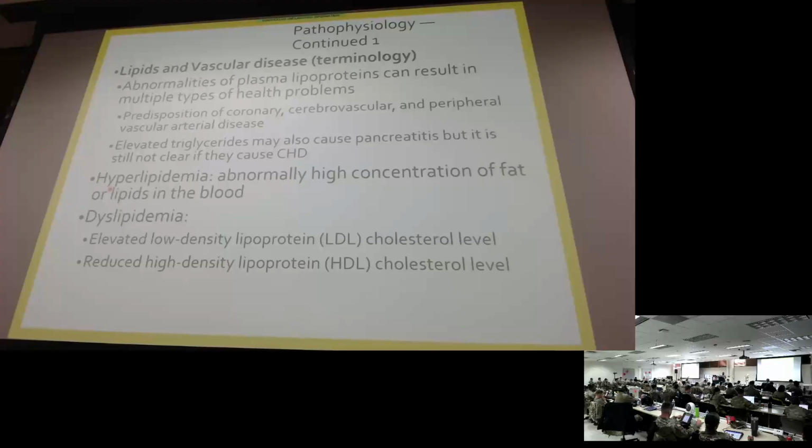It's up. Hyperlipidemia, high concentration of fat or lipids in the blood. Whereas dyslipidemia, it could be either of these things that are happening, okay? So the terminology does matter. Whenever I'm testing you on the exam, just know what I tell you we're targeting so that you know which drug of choice you're using is the name of the game for this part of it, okay?